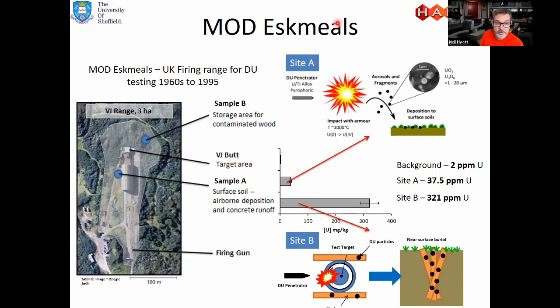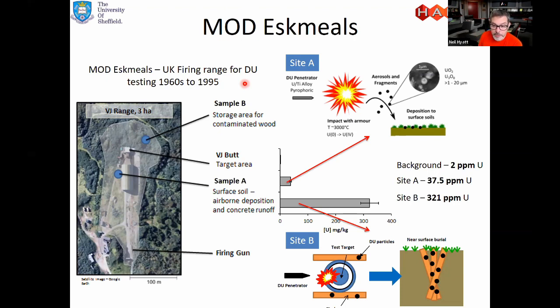The Ministry of Defence Eskmeals firing range, on the northwest coast of England, provides a laboratory to study such environmental behavior. It's one of the oldest DU munitions testing sites and is heavily contaminated due to long-term testing starting in the 1960s up to 1995.